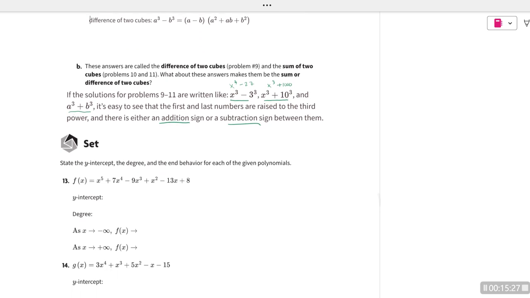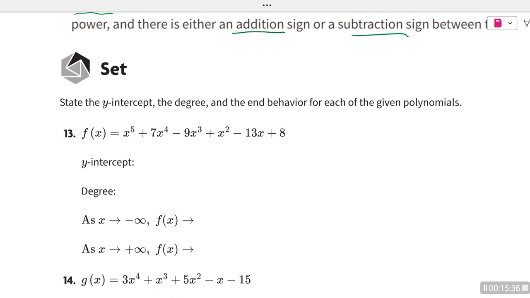So question 13 says, state the y-intercept, the degree, and the end behavior for each of the given polynomials. So the y-intercept, when it's in this form, is actually really quick because all these terms with x are going to go to 0, and we're just going to be left with the constant number at the end, because y-intercept means x equals 0.